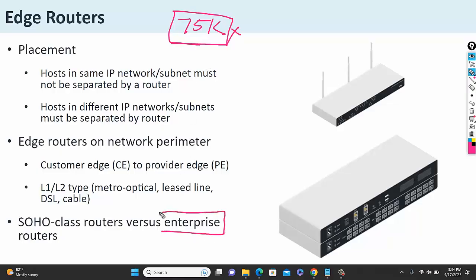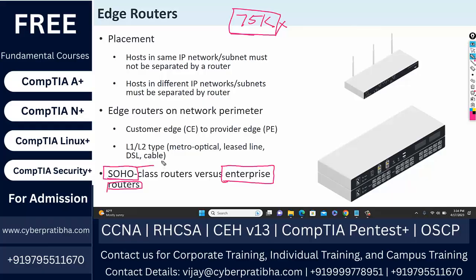Enterprises, like HCL, IBM, Cisco and many other companies use enterprise routers, and these routers have high performance because there is a lot of data load on them. At your home you have a SOHO network or small office network, where you use a router priced 1200, 1500, 2000 or 3000 maximum.